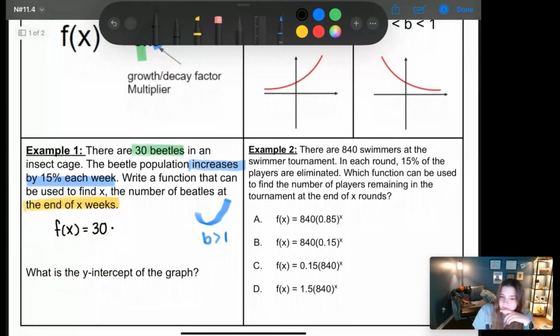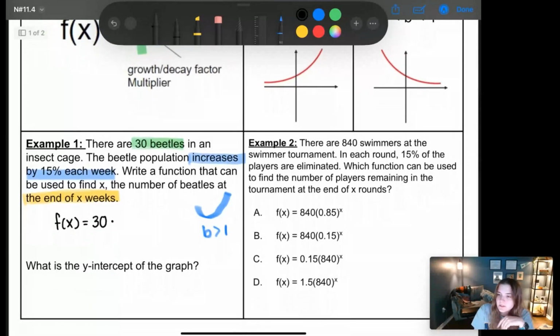This time it increased by 15%. Now, 15% is not greater than 1, is it? But if you start with 100%, right, and you add that 15%, okay, we know that this is really just 1 plus that 15, because 100% would give us that 1. And that means that we would do 1.15 to the power of x, x being the end of weeks, right?